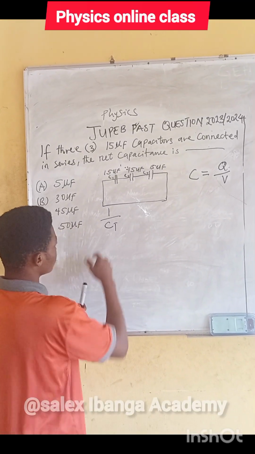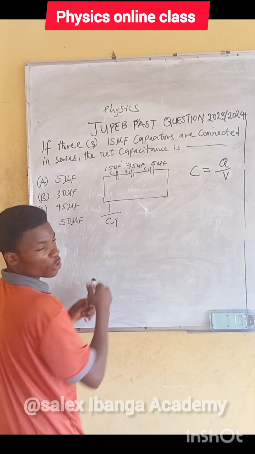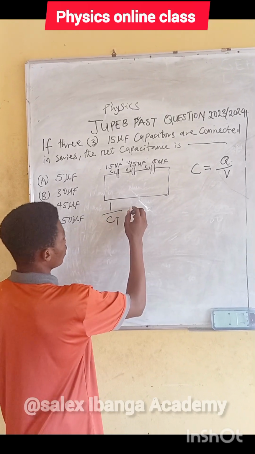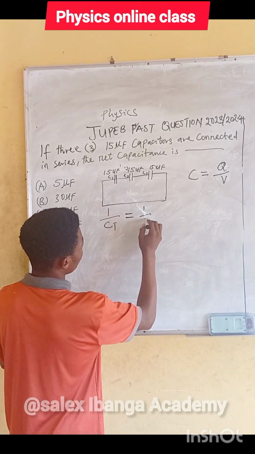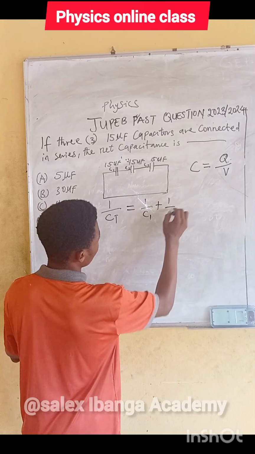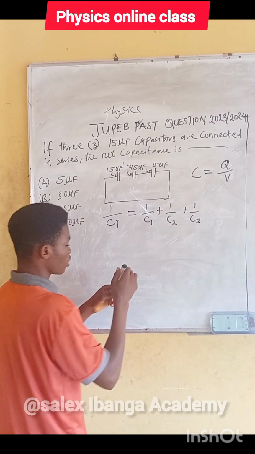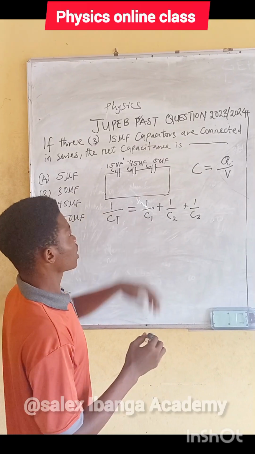So now, let's take the solution. We have 1 over CT, that is total capacitance, equal to 1 all over C1 plus 1 all over C2 plus 1 all over C3, because what we have here is 3 capacitors.